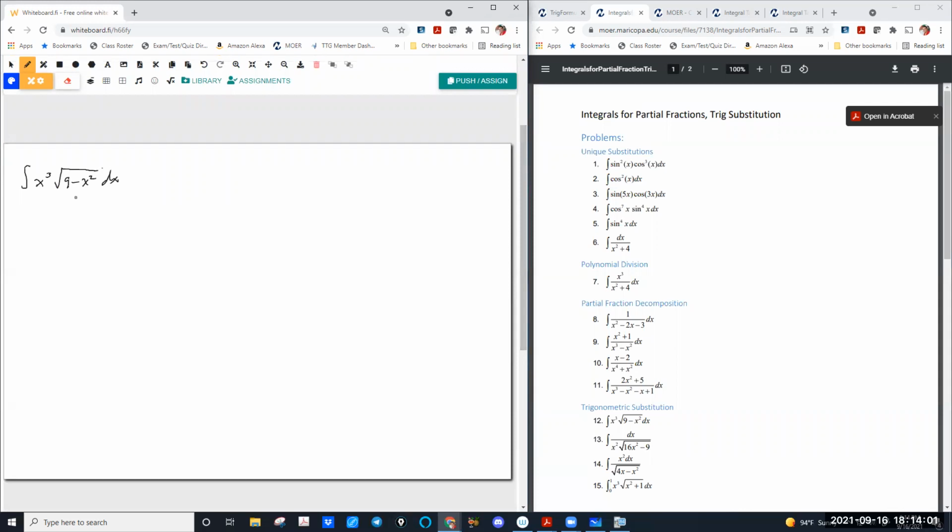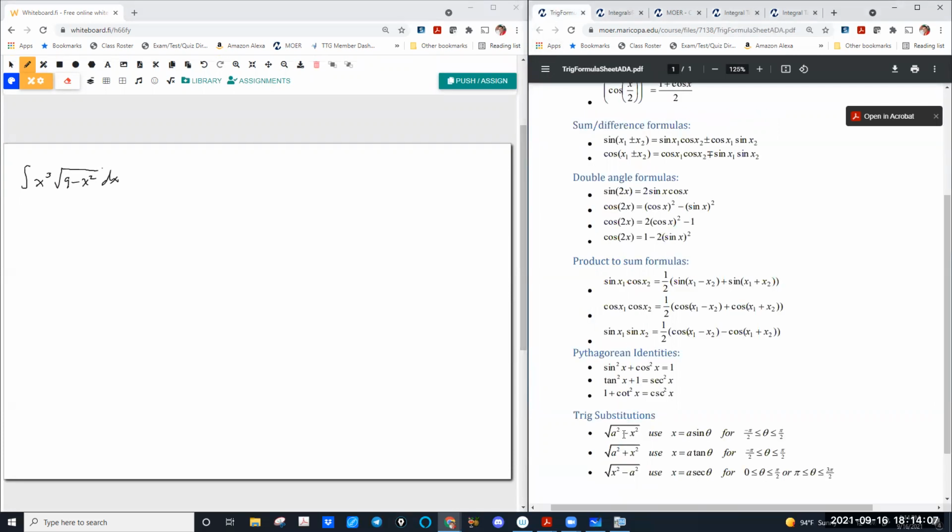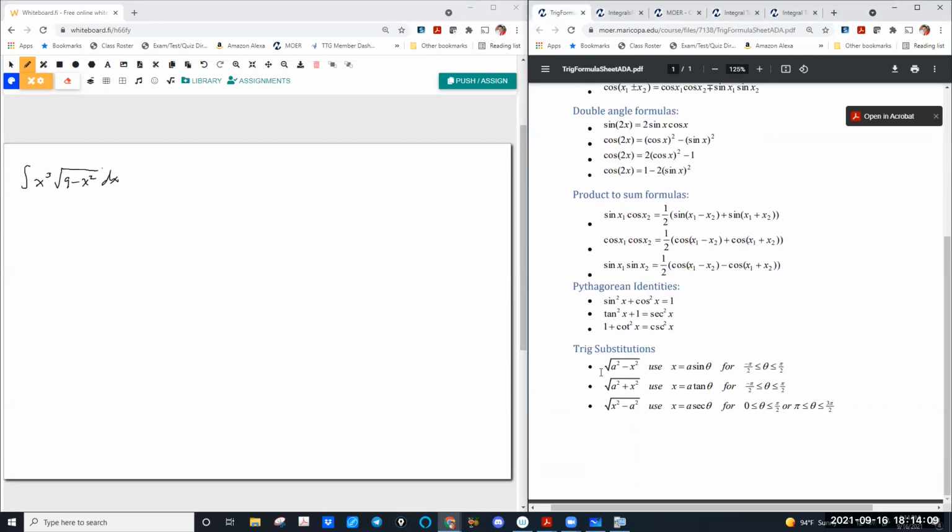If you see something like this, a squared minus x squared, a squared plus x squared, so on and so forth, these are on the sheet. If you see anything of these three forms, these are the substitutions you use. So this one we're going to do completely. The other ones, if we have whatever time we have, we're going to talk about it, right?